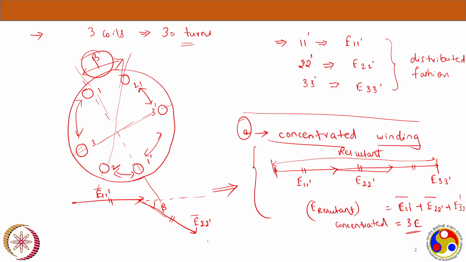If this is E22 dash plane, then at an angle of beta, E33 dash will be. And again, this length would be same. Now what I am interested in is calculating this resultant. From this point, I can say E13 dash, right?